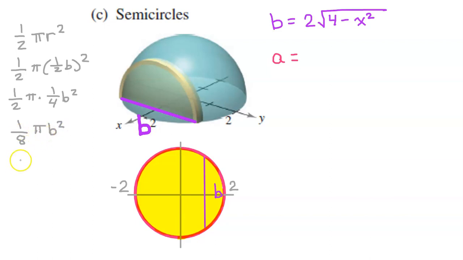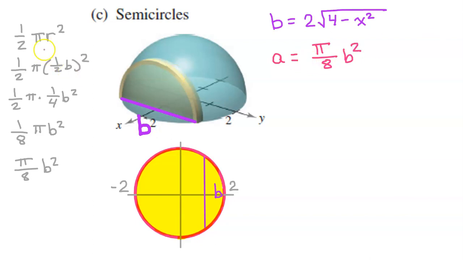1/8 pi is the same thing as pi over 8. So we have pi over 8 b squared. This is an expression for the area of a semicircle with diameter b. And that's what we were looking for. So we have the area of each slice is pi over 8 b squared.